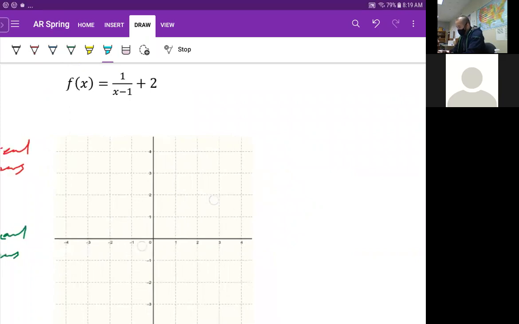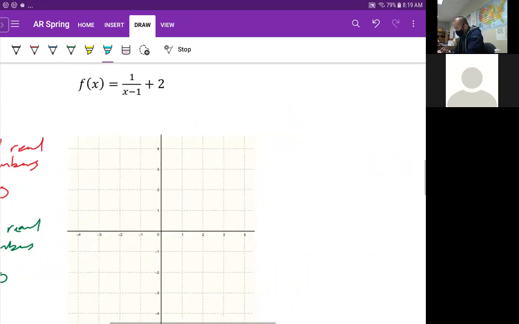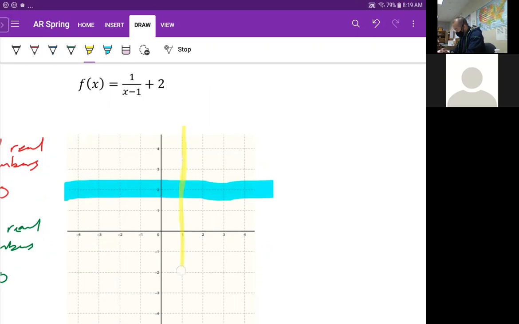So for this one, the horizontal asymptote is going to be at 2. The vertical asymptote is going to be at +1. So the graph will look something like this.